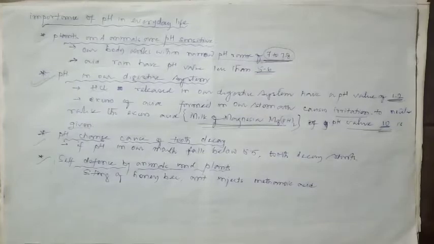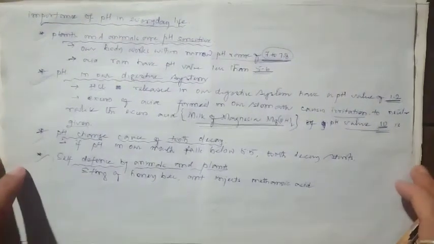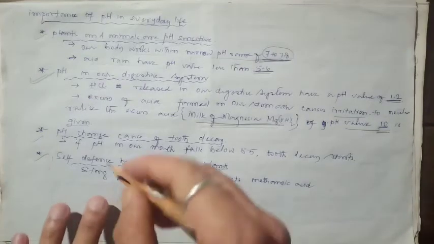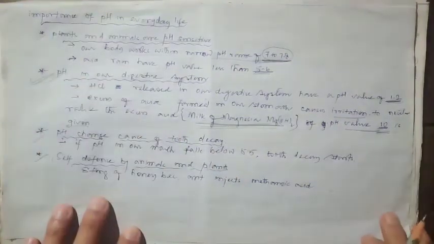If you consume this mild base, it neutralizes the excess acid formed in our stomach, and we get rid of all the irritation and discomfort. So that's the importance of pH in our digestive system.